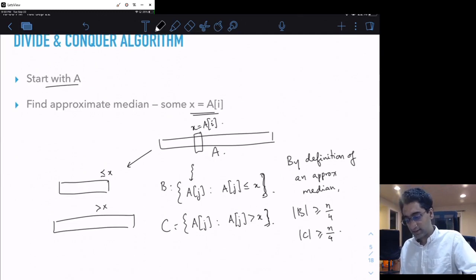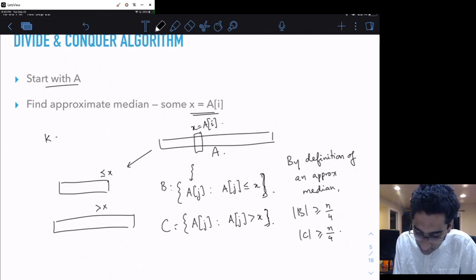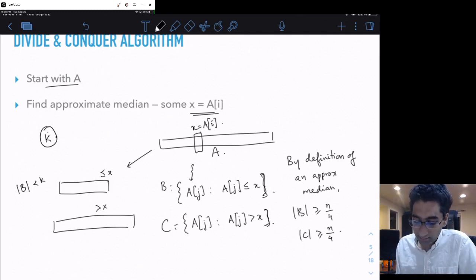So now getting back to these arrays B and C. Okay, so I formed these arrays B and C. So now I claim that this leads to a divide and conquer algorithm, and it's not very hard to see why. Okay, because let's say my k is this given parameter, and suppose the size of B happens to be less than k. Okay, so what does that mean? Right, so it means that the size of B is small, and it means that the kth smallest element in the array must be more than or equal to x.